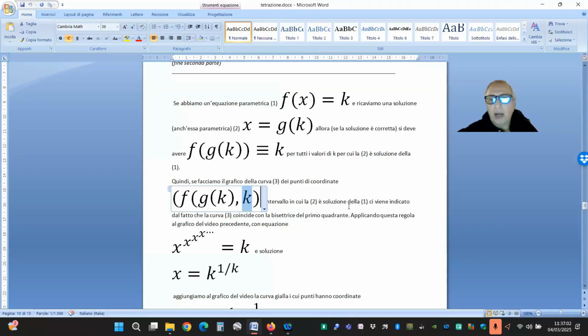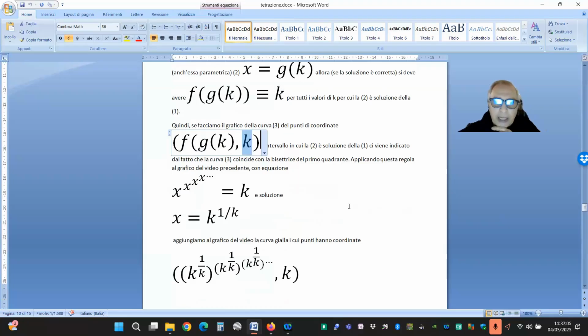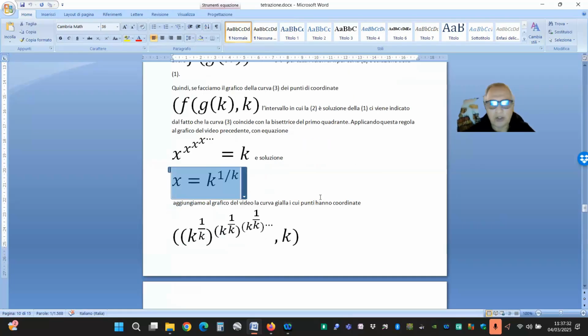So if we apply this method to infinite tetration, we have our equation and then the solution that we tested in an interval. Here the problem is more about determining the interval itself, that is the width of the interval within which we can consider this solution as a solution to the infinite tetration equation.